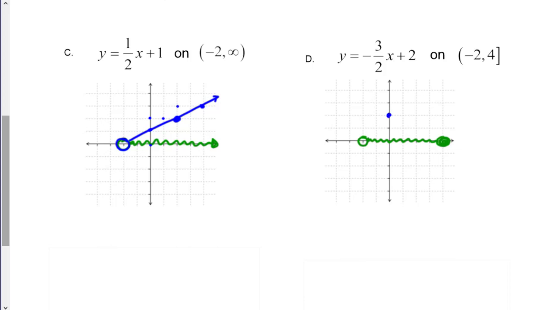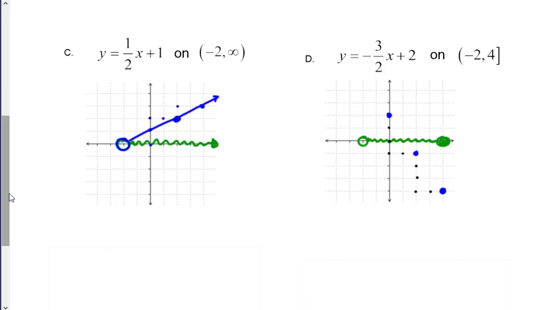So positive 2 is my y-intercept. My slope is -3/2. So if I go down 1, 2, 3, and over 2, there's my next point. Then if I go down 1, 2, 3, and over 2, there's my next point. And I can stop there because that's the end of my interval.